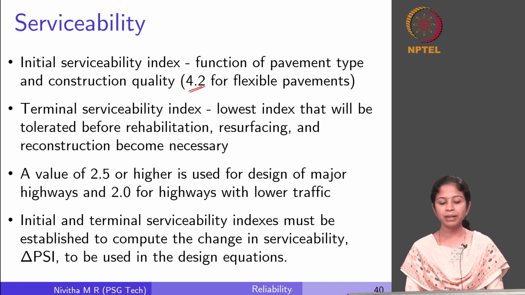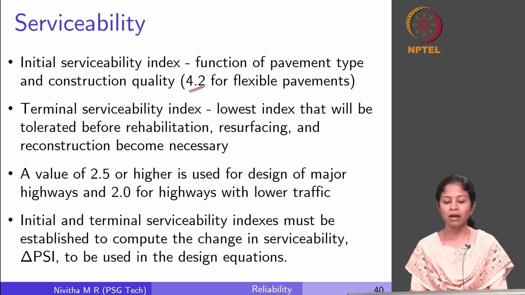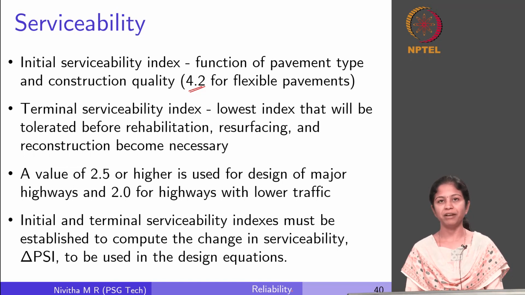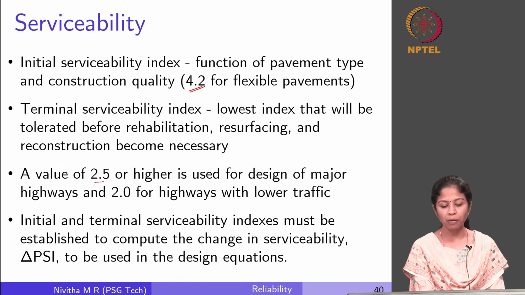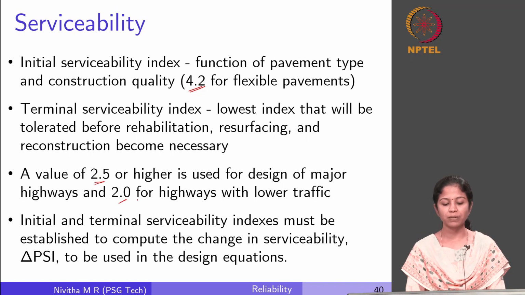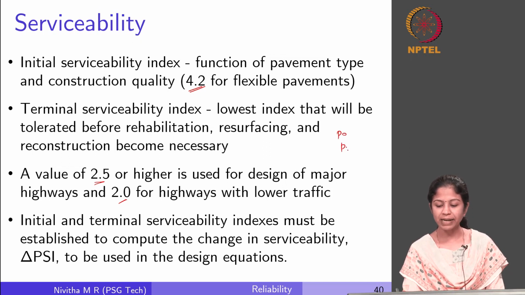The terminal serviceability level is the lowest index that will be tolerated before rehabilitation, resurfacing or reconstruction is necessary for that pavement. This value is 2.5 or higher for major highways and 2 for highways with lower traffic levels. So, this is the P0 value and PT value.